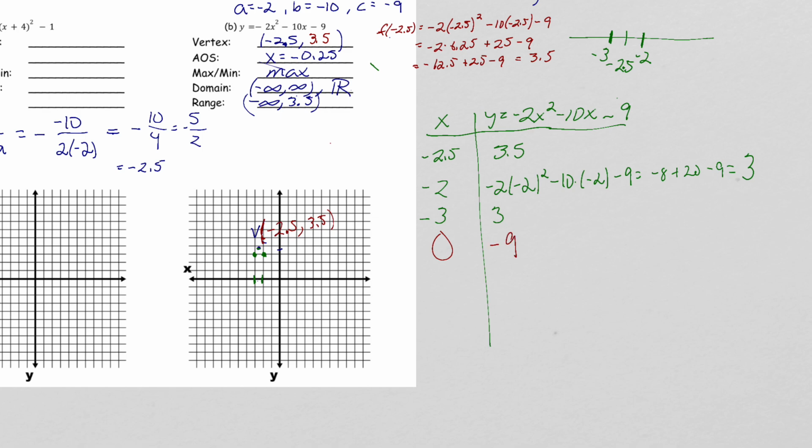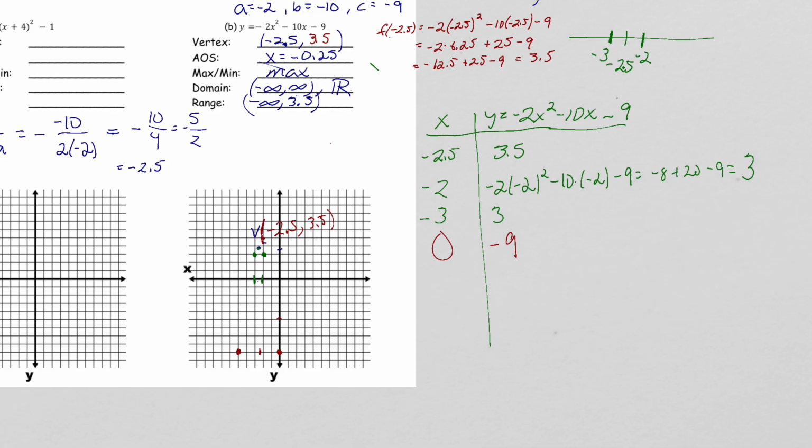So I can go to 0, negative 9, count it out, 1, 2, 3, 4, 5, 6, 7, 8, 9. So we know it passes through that point right there. And then let me take that line of symmetry, which goes here, and I'm going to go over that same amount, which puts me right here.